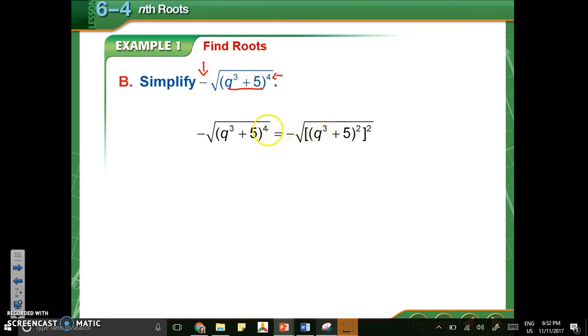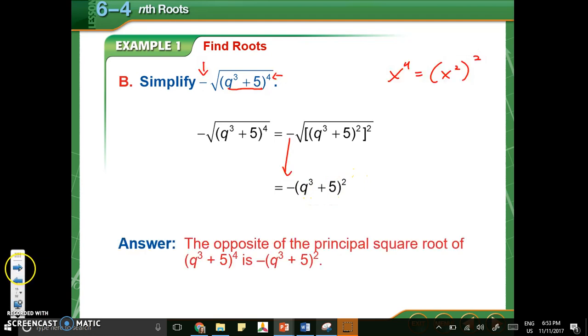Well, I know that something to the 4th power is, in this case, (q cubed plus 5) squared, just like if I have x to the 4th, I can say, okay, that's x squared, squared. So the square root of something to the 4th is something squared. The negative comes from the sign on the outside. Then I just have (q cubed plus 5) squared. And that's my final answer. I can't go any further than that.